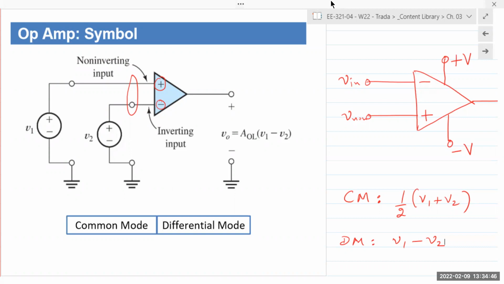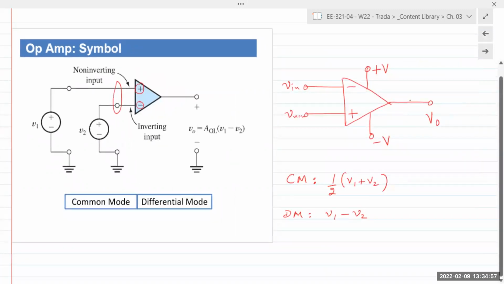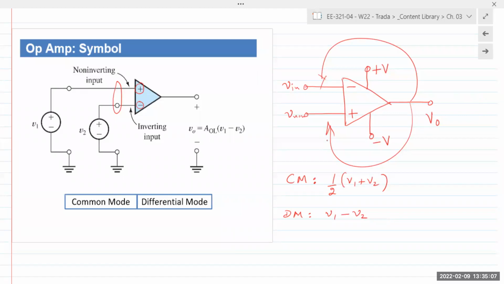So the op-amp has the inherent property of having infinite gain in open loop. When I say open loop, I mean the output doesn't loop back into the input, whether negative or positive. If you connect the output back into any one of the input terminals, we say that it is providing feedback.